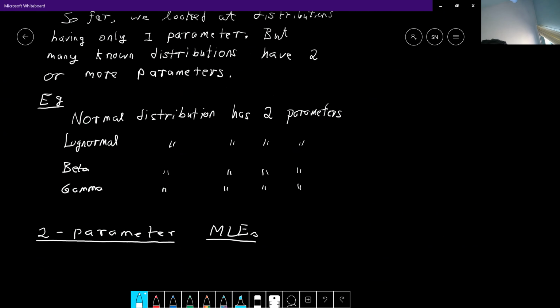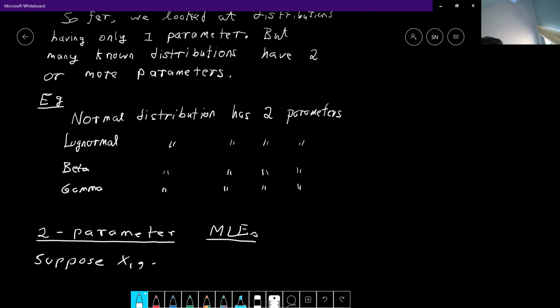Earlier today, I reminded you how to find the MLE for one parameter. But now suppose I'm considering the case where you have two parameters.